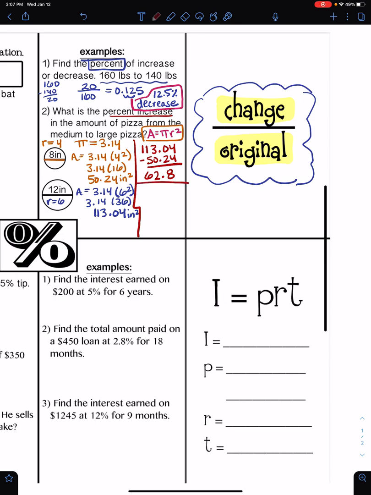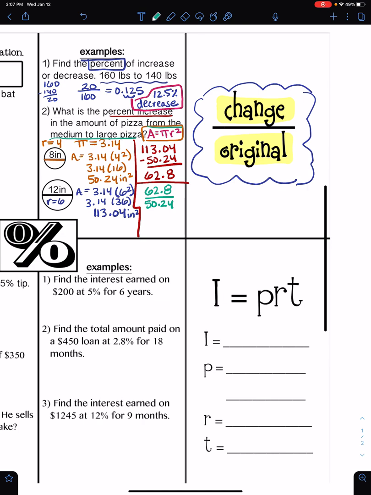All right, now I'm finally going to get to my ratio here. Let me switch colors to keep all of this nice and separate for you. We're going to put how much it changed over the original starting amount. And since it says from the medium to the large, from the medium means that the medium was the original pizza. I'm going to divide those two numbers.